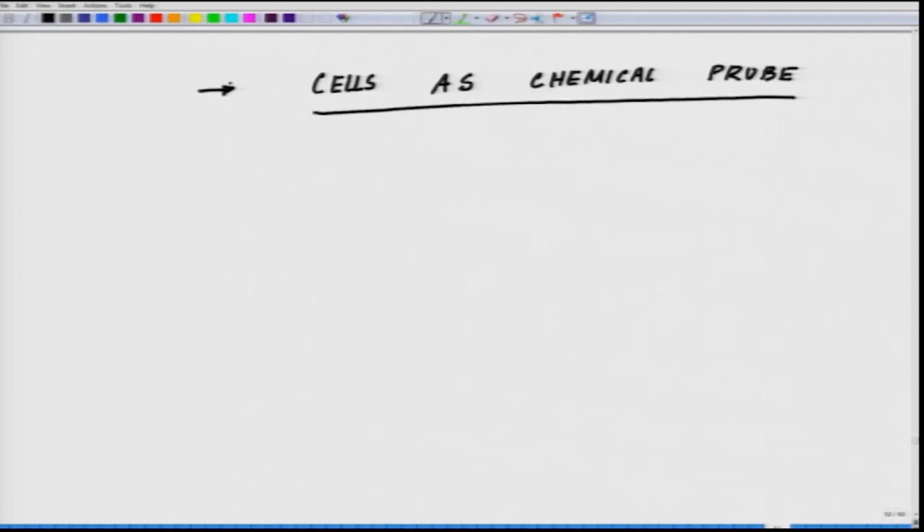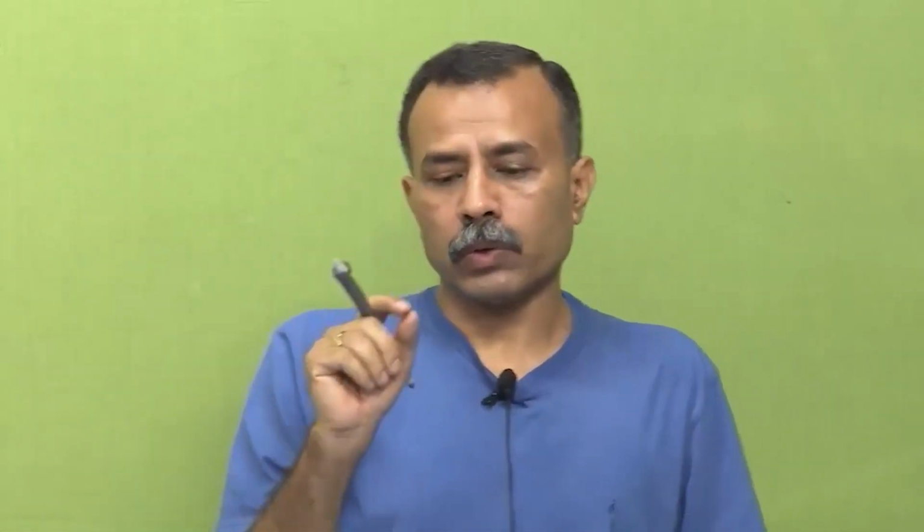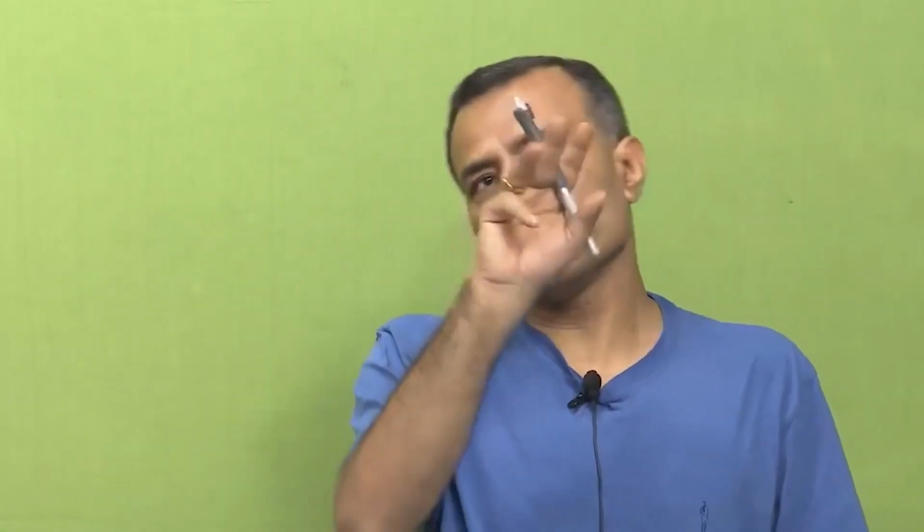I told you that equilibrium has to be established at two different levels. Equilibrium has to be established on the half cells, and equilibrium has to be established between the half cells. Okay. So, we can understand that if any one of these parameters is unknown and you know the other three parameters, we can figure out the fourth parameter. Just keep it in mind.